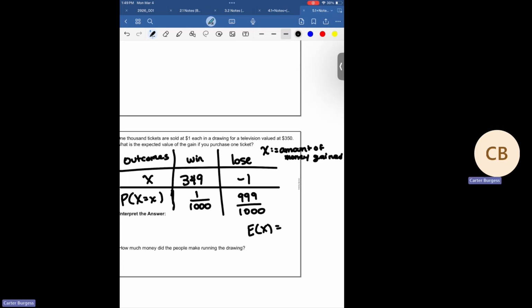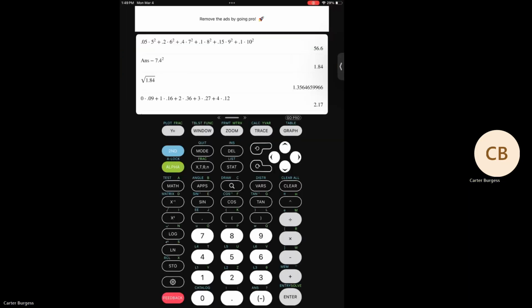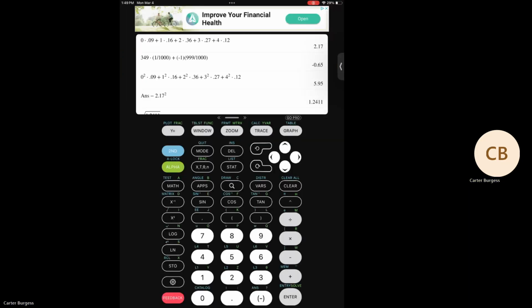Well, this is going to be 349 times 1/1000, a 1 in 1,000 chance, plus -1 times 999 out of 1,000. Okay, plug this into our calculator and we get that the expected value should be -0.65.